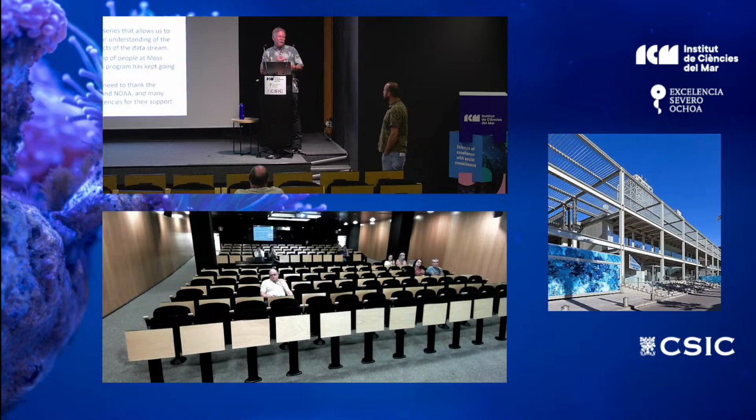The BATS site's no longer operational because funding died off after so many years. The HOT site is still active, but it's a struggle to keep funding going for a time series. Agencies want something new and fancy, but maybe the Europeans can do it better, I hope.